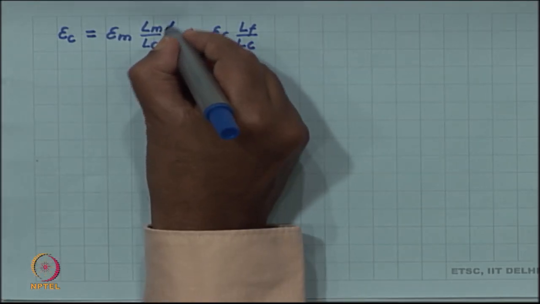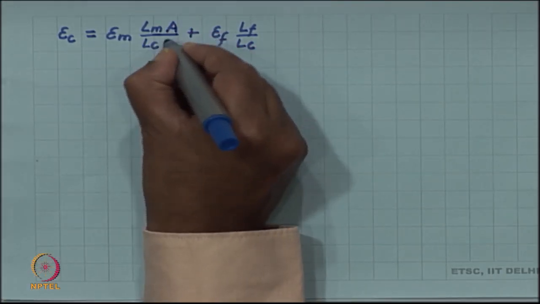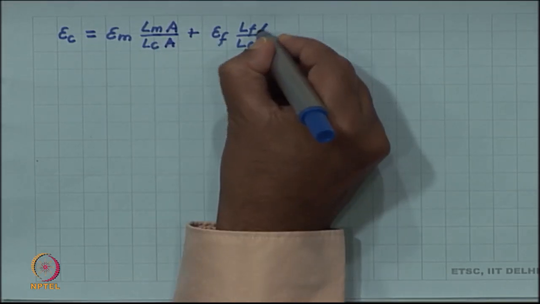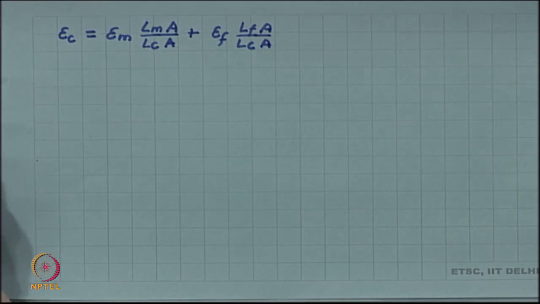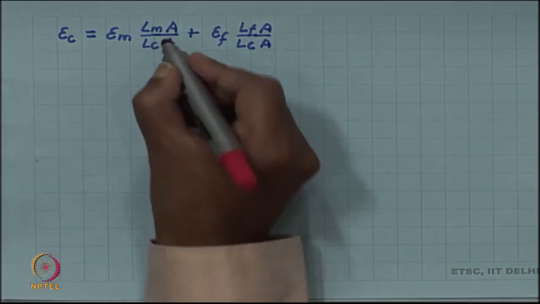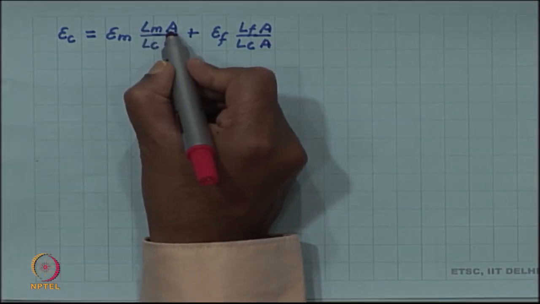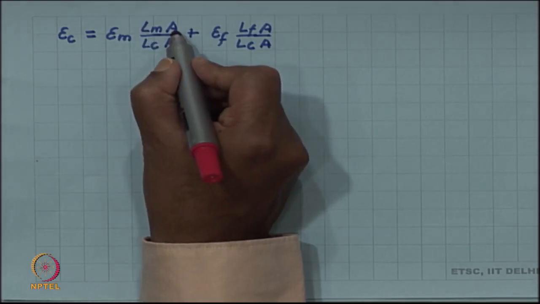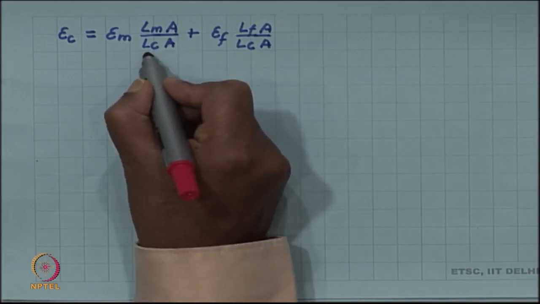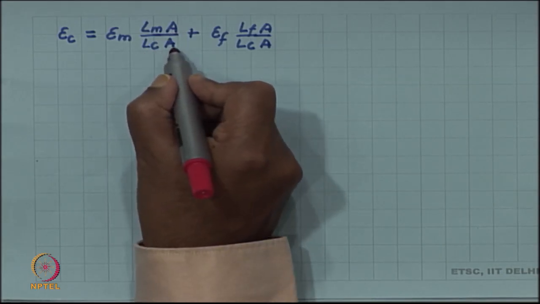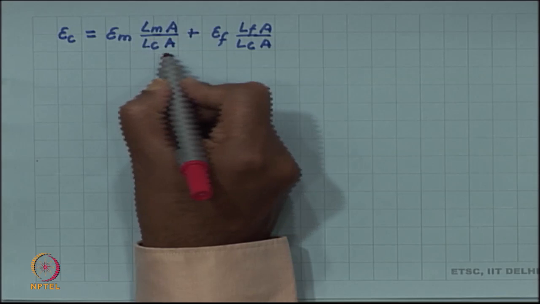Now, we multiply and divide these terms by A to convert them into recognizable volume. Length of the matrix times the cross sectional area of matrix is the volume of the matrix, and length of composite multiplied by the cross sectional area is the volume of the composite.